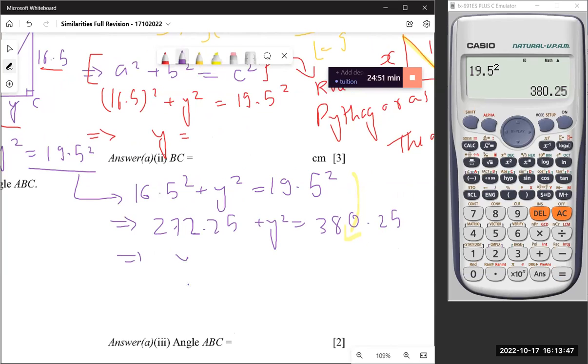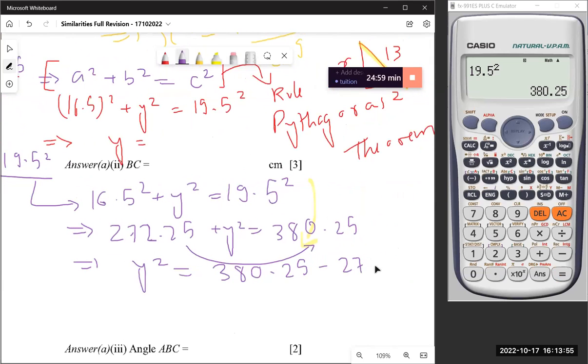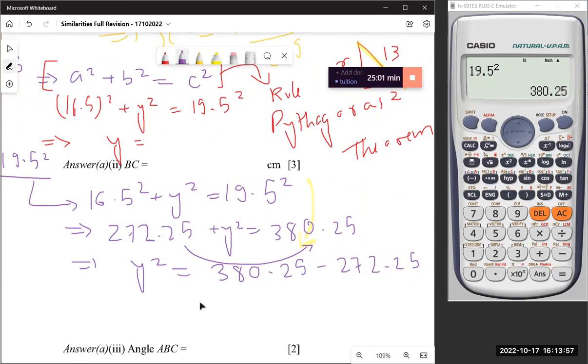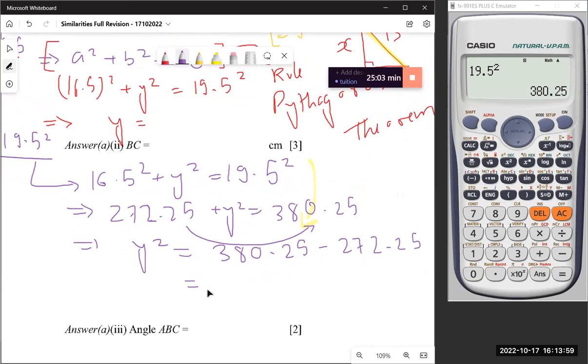Now all I have to do is to find y square, I'll take this to the other side, which will become 380.25 minus 272.25. Therefore, what is y? Well, first subtract this and tell me the answer, Safa.